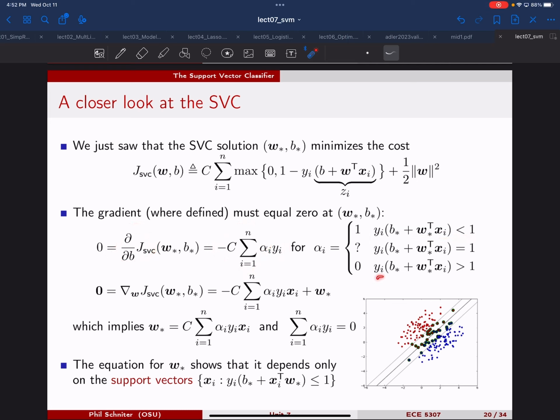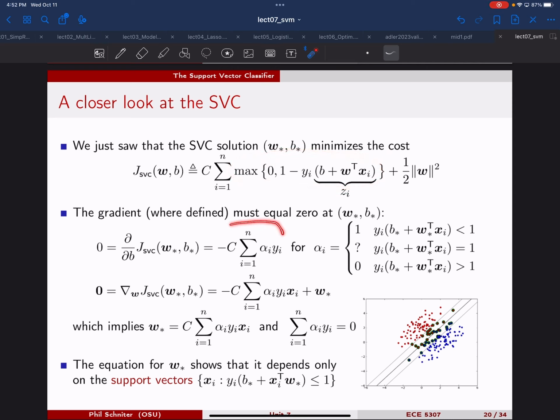Now let's consider another case, where this is strictly greater than 1. In that case, 1 minus that will be strictly less than 0, and the max will always choose 0 no matter what. So when you take the derivative with respect to b, because it's just 0, the derivative is 0.